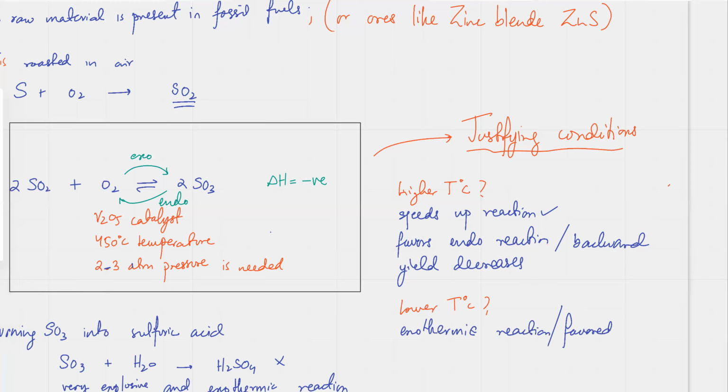That's the reaction that's going to be favored. Your yield would increase. The exothermic is the forward reaction. More product would be formed, higher yield.